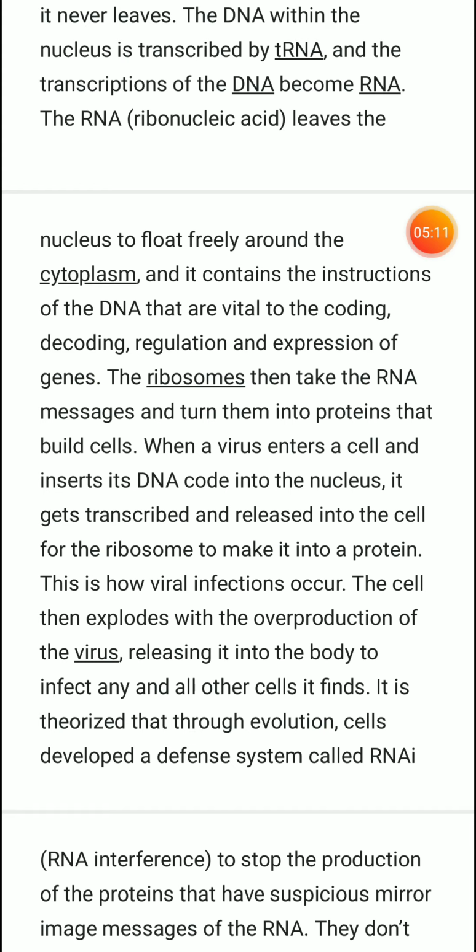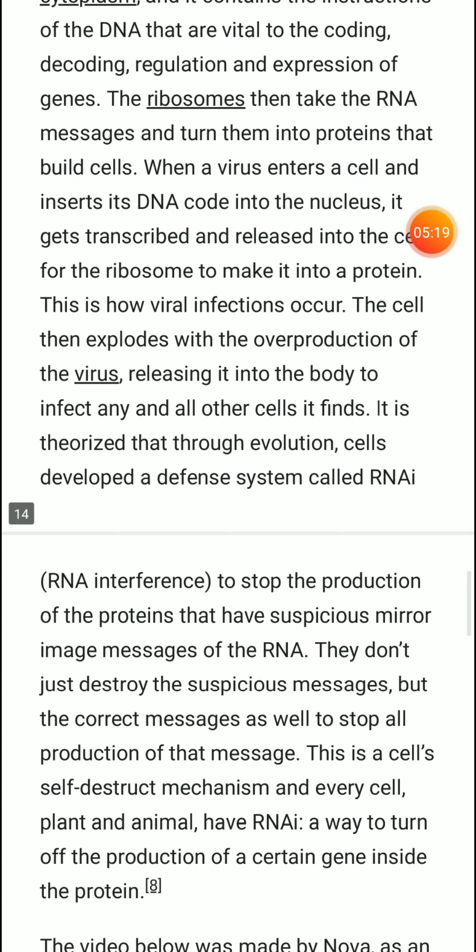It is theorized that through evolution, cells developed a defense system called RNAi, that is, ribonucleic acid interference, to stop the production of the proteins that have a suspicious mirror image of the messages of the RNA.